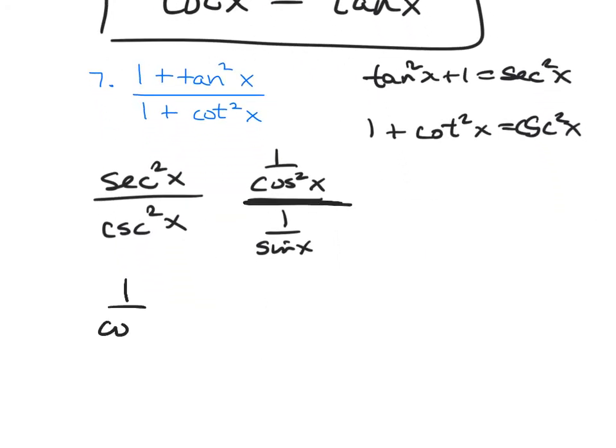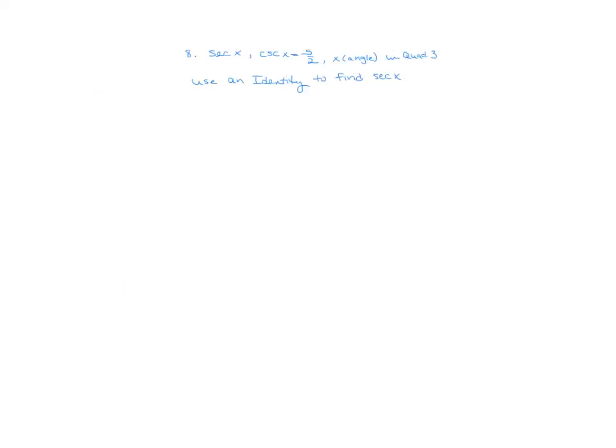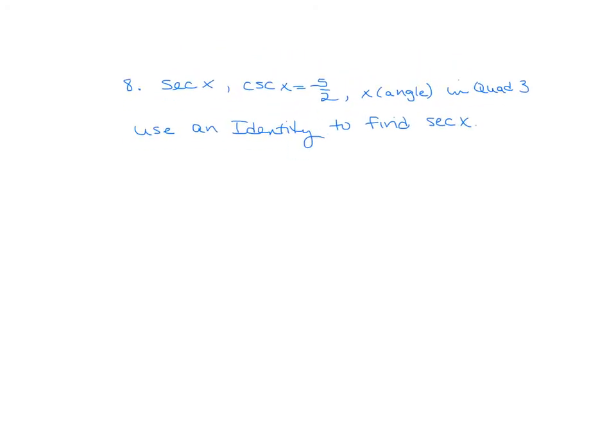So 1 over cosine squared x divided by this, so flip it to its reciprocal, and this needed a square, over 1. And then now I get sine squared x over cosine squared x, which equals tangent squared x. Final answer.